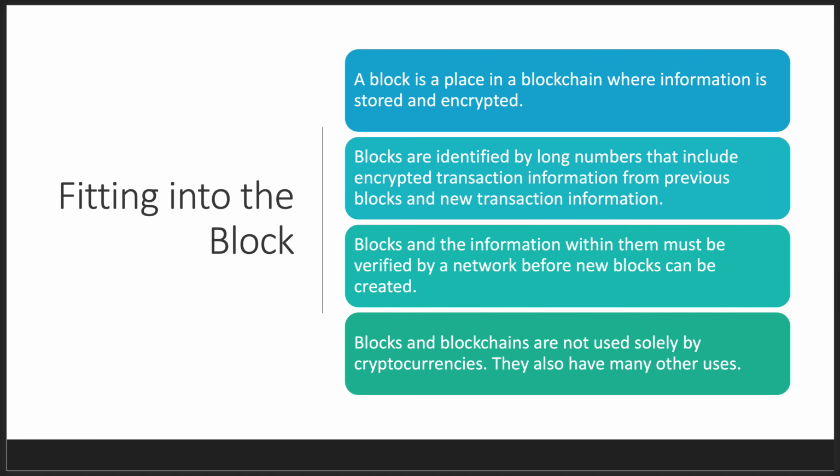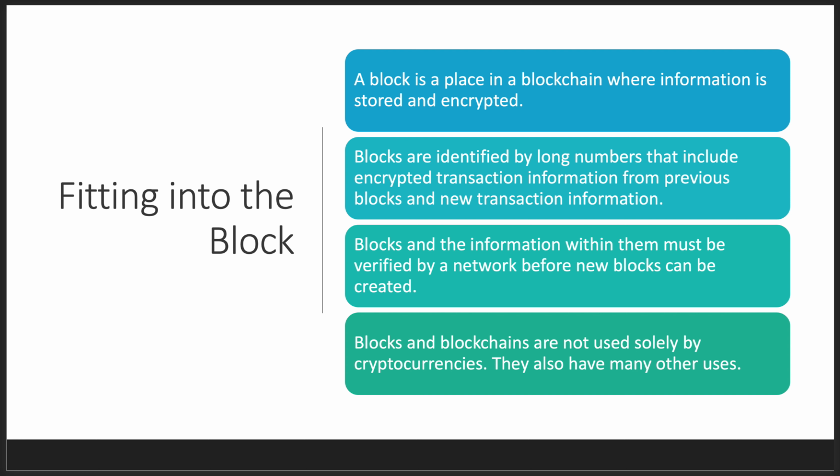So fitting all this into the block: a block is a place in the blockchain where the information is stored and encrypted. Right? So we do have our hashing and all the rest of it. Blocks are identified by long hashed numbers that include encrypted transaction info from previous blocks and new transaction info. Blocks and the information within them must be verified by the P2P network before new blocks can be created.